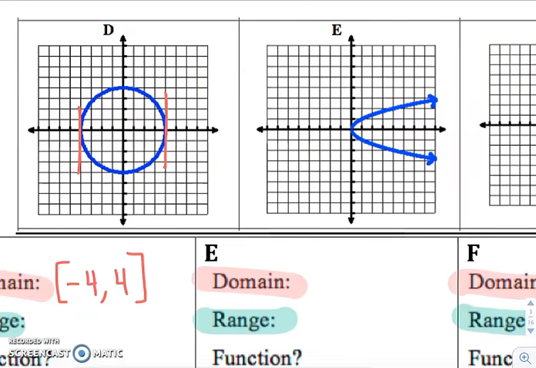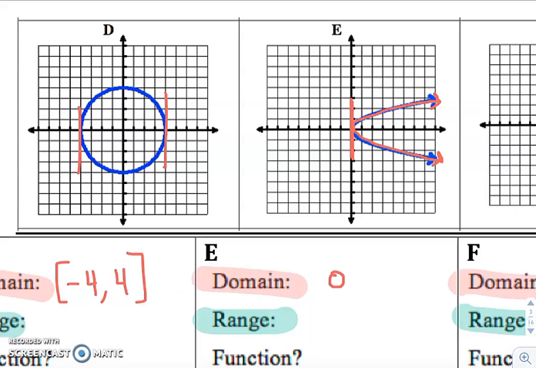How about letter E? This graph starts right here and then continues, and we know it continues because of the arrow. The farthest left that graph goes is 0.